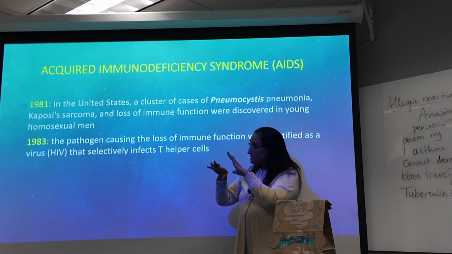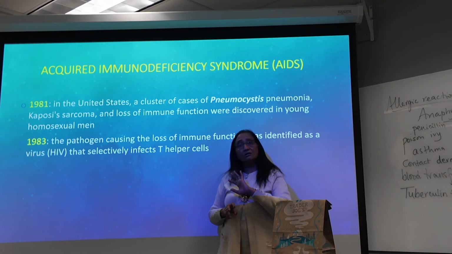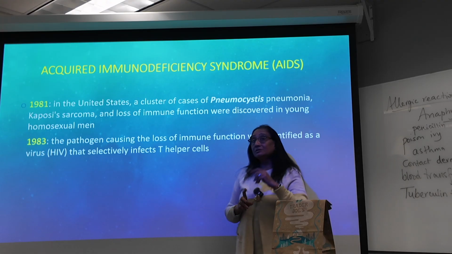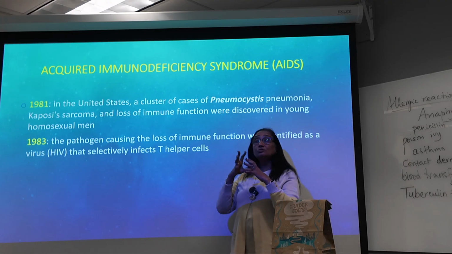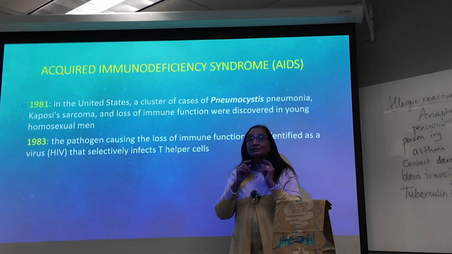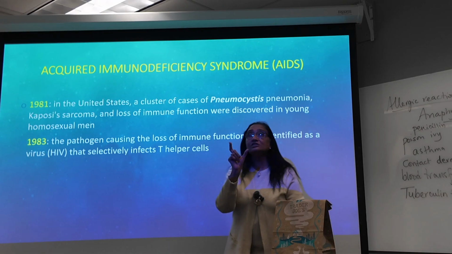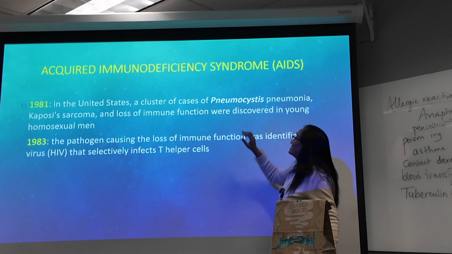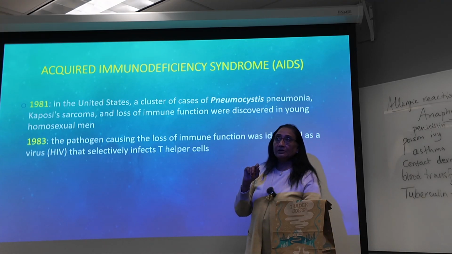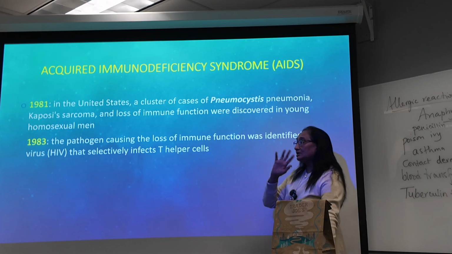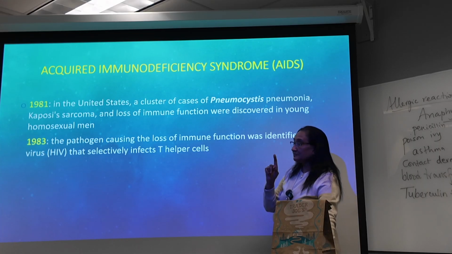Fungal infections of the skin are very common, but the internal organs not so much, because your immune system is good. But they found a cluster of patients who died from this fungal infection, Pneumocystis, that is the genus, Pneumocystis pneumonia. Okay, and we don't have very good medications for internal fungal infections.